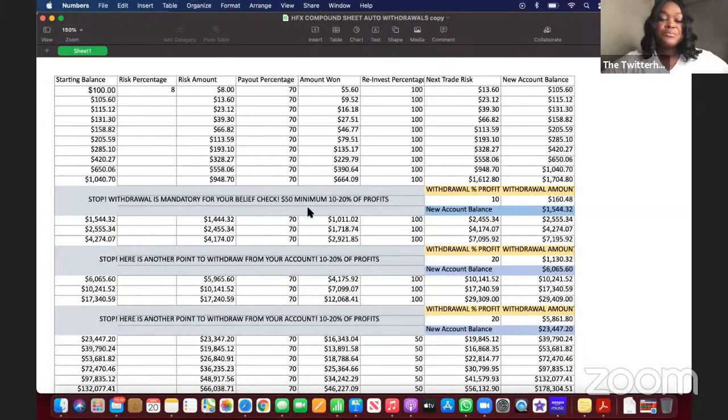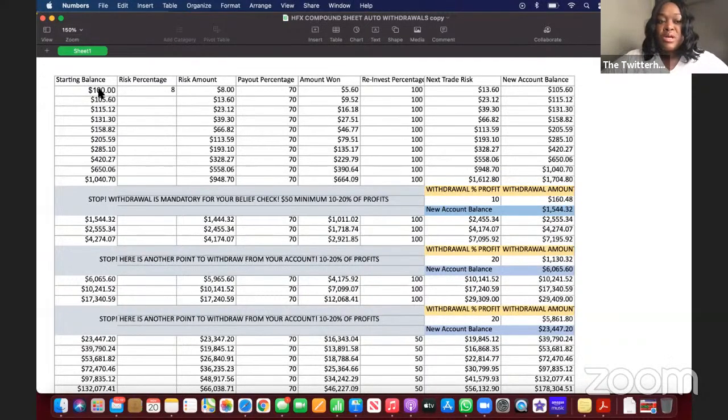You can put whatever you want as your starting balance. I use 100, the magic number, to see what you can do with $100.